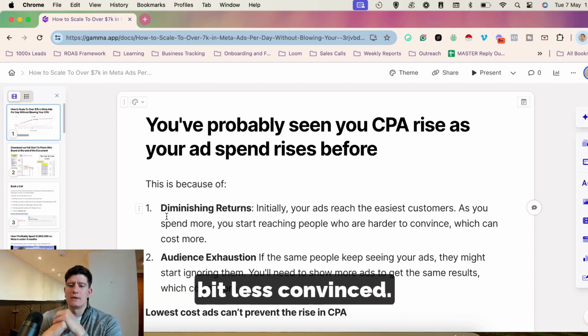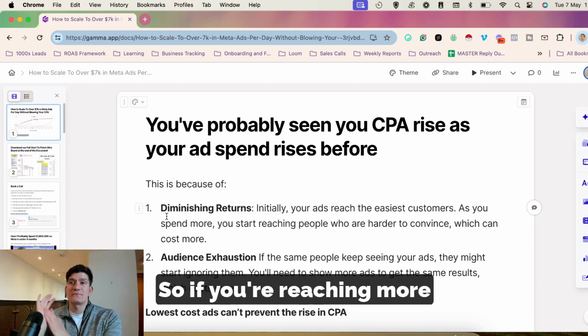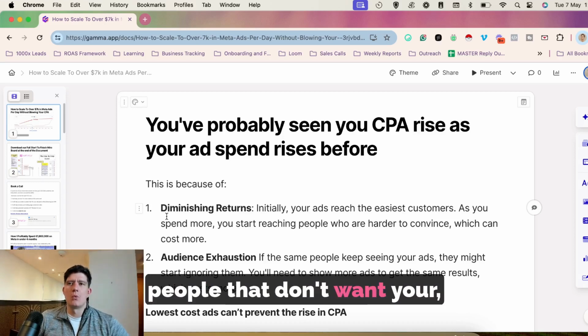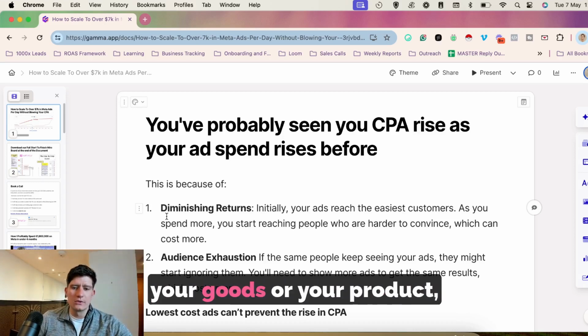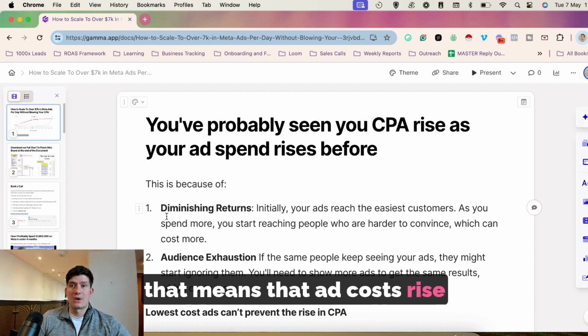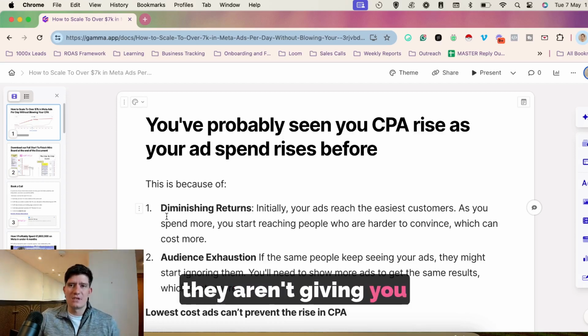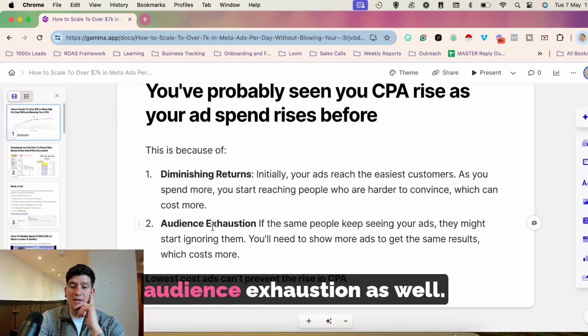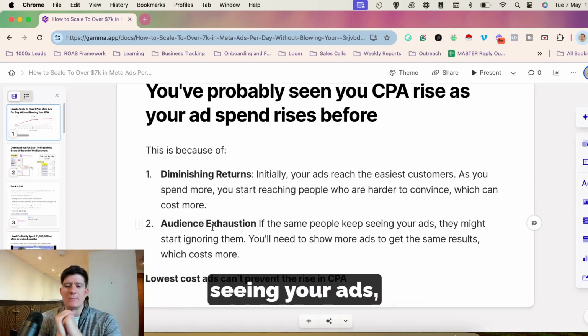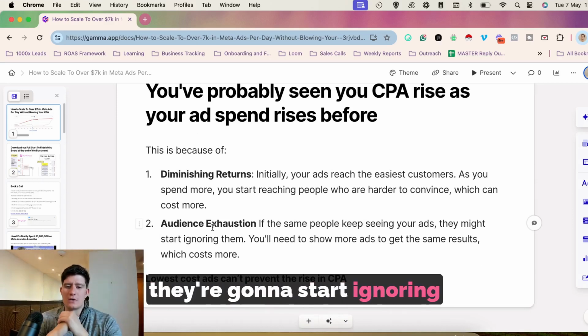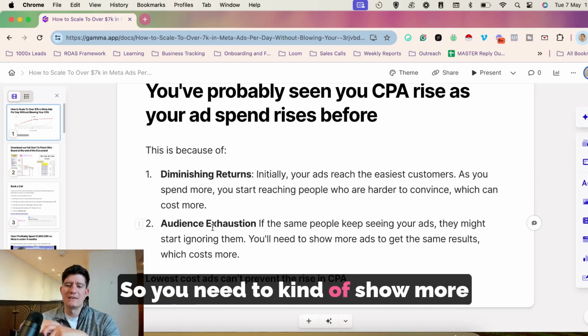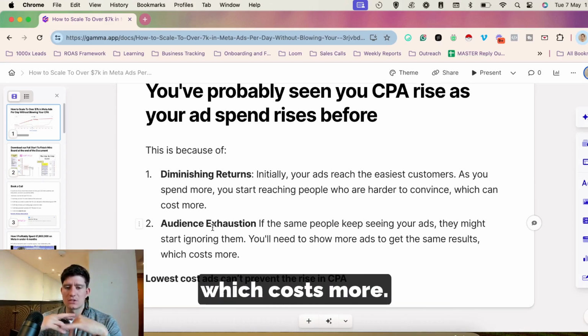They're maybe a little bit less convinced. So if you're reaching more people that don't want your goods or your product, that means that ad costs rise because they aren't giving you any money back. And it's the same with audience exhaustion as well. If the same people keep seeing your ads, they're going to start ignoring them. So you need to show more ads to get the same results, which costs more.